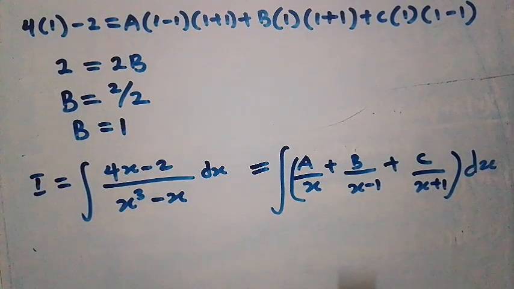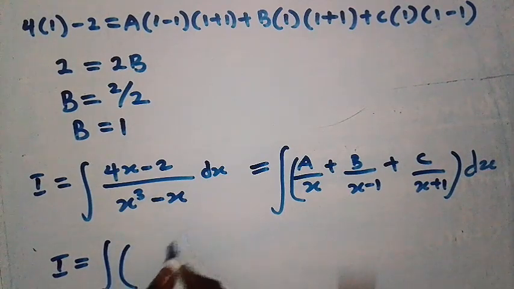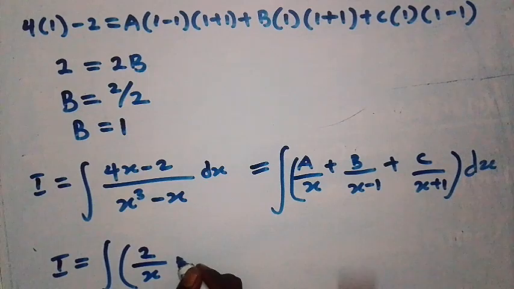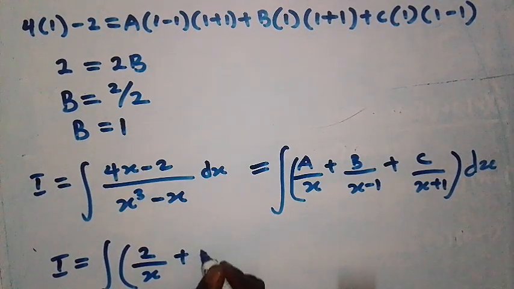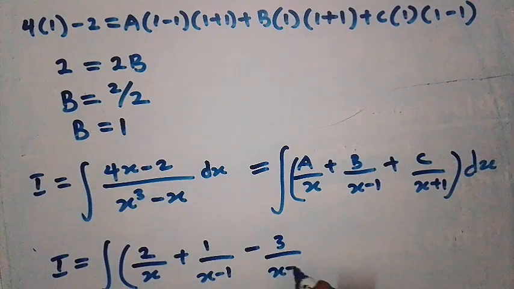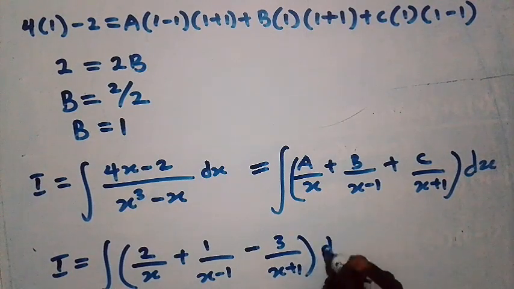Let's substitute the values of A, B, and C. I will be equal to the integral of the value of A, which is 2 over x, plus the value of B, which is 1 over x minus 1, plus the value of C, which is minus 3 over x plus 1 dx.